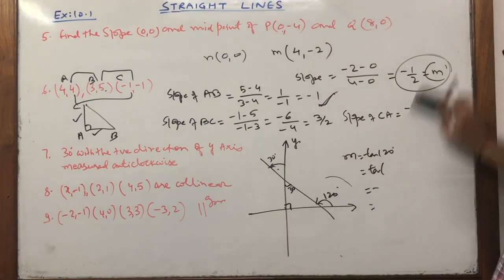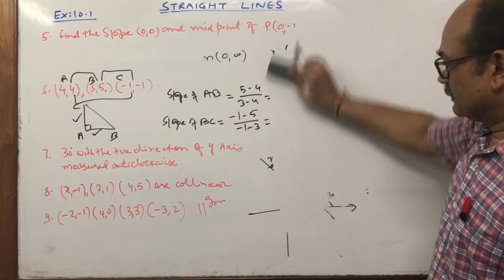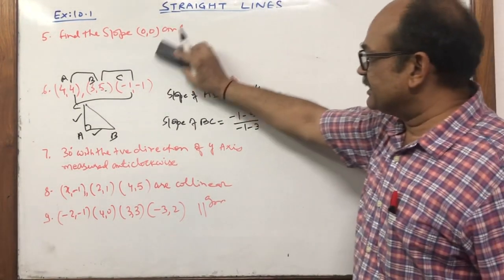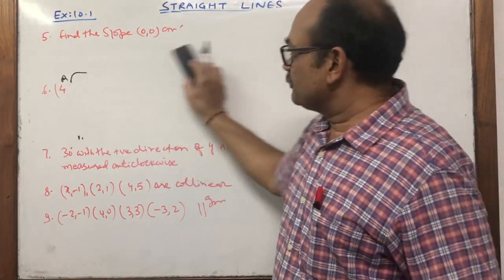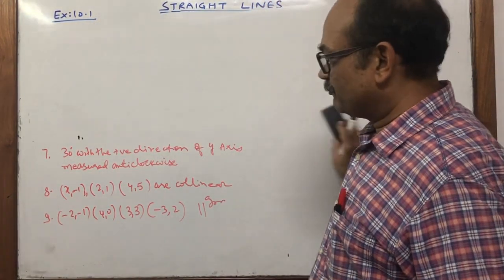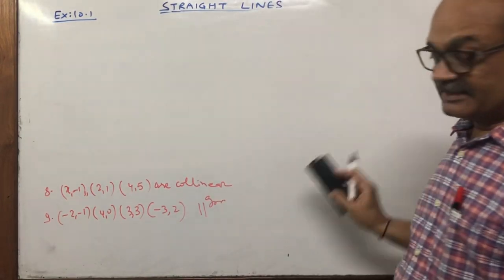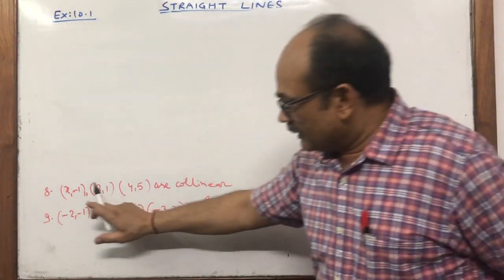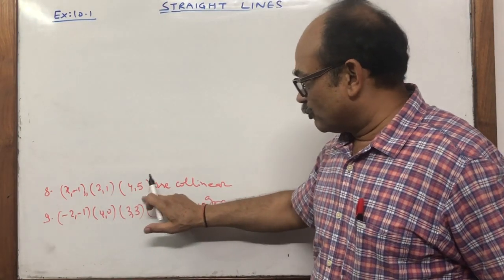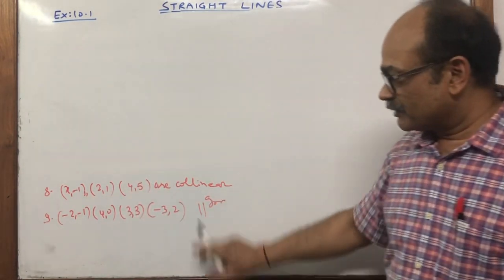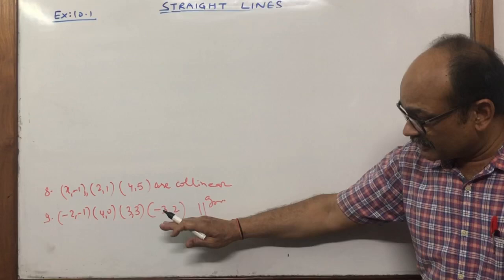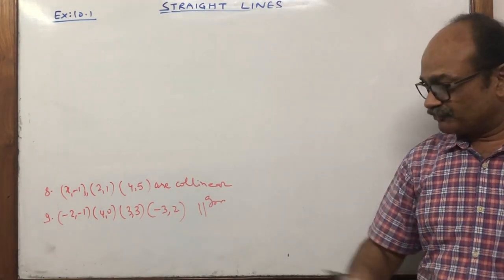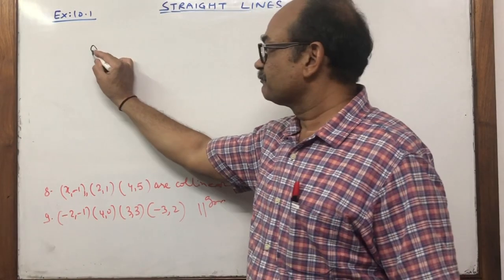Next is 8th sum. Without using the distance formula, we want to prove that this one is a parallelogram. No, it's 8th sum: points are collinear, and 9th is parallelogram. So first we start question number 9.